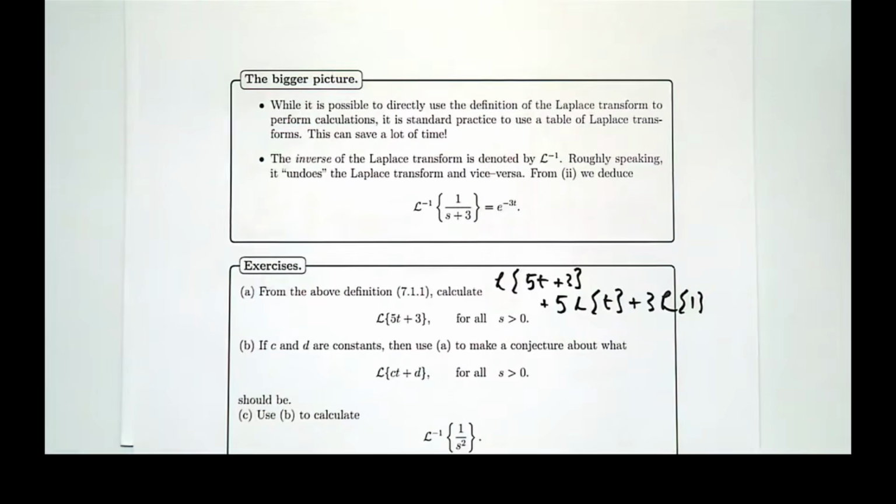Does anybody know why? So here I've sort of broken things up using the transform. Does anyone know why I can make that simplification? Anyone? Yeah. Because you can do that with integrals. Yeah. It's an integral operator, and I know I can split integrals up.